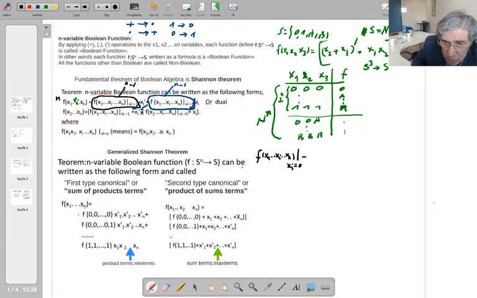If I apply the same Shannon theorem once more, this time for the xj variable, it's going to be now f(x1 ... xi xj ... xn).